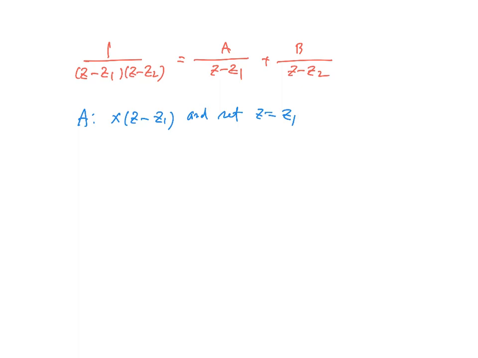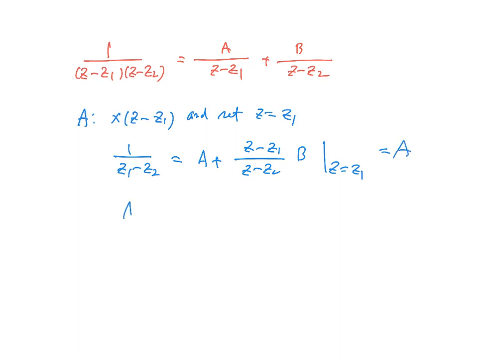What happens? This is 1 over (z minus c1)(z minus c2) equal to A over (z minus c1) plus B over (z minus c2), and at z equal to z1 we get A. So A is actually 1 over z1 minus z2.